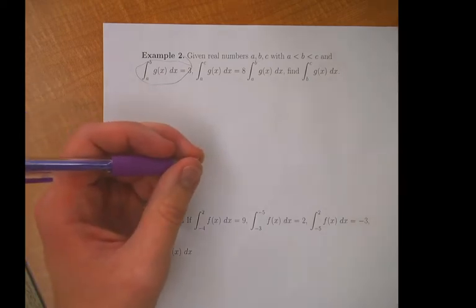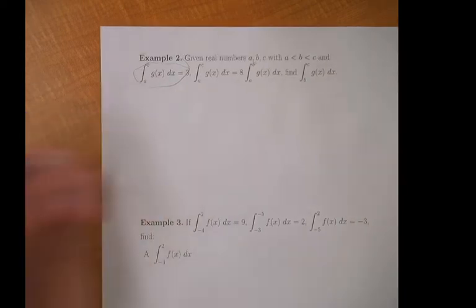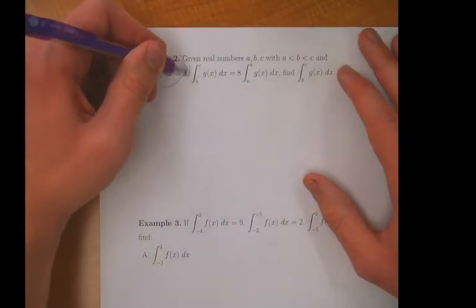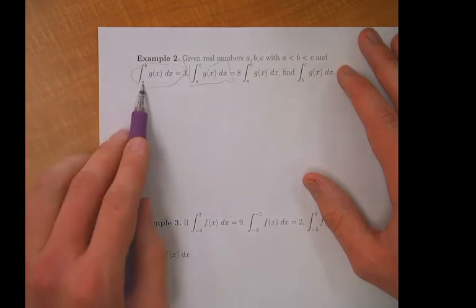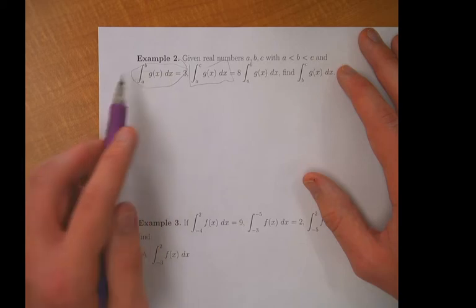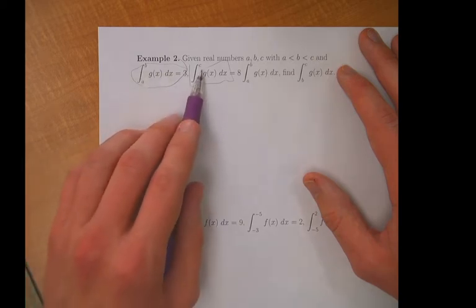Okay? So first off, we should probably figure out more explicitly what this is, because even though we have the integral from a to b, we don't explicitly have the integral from a to c.